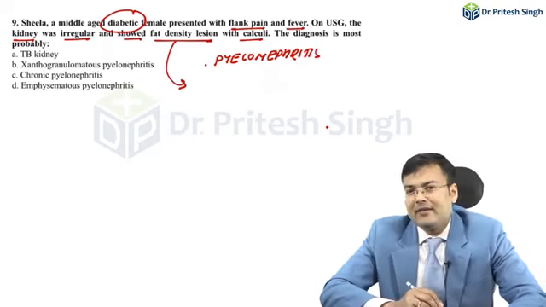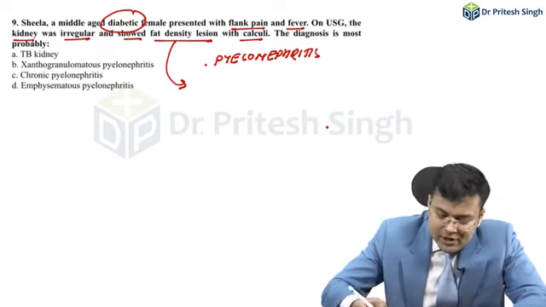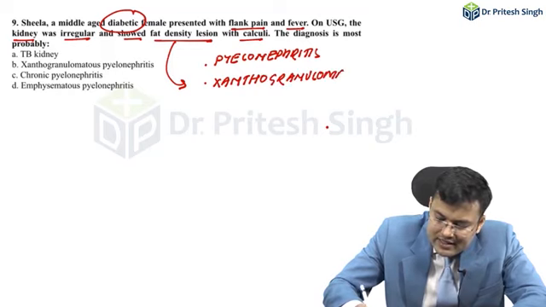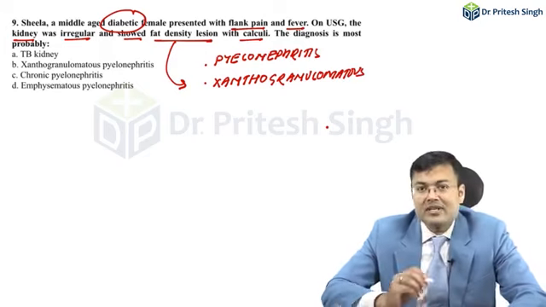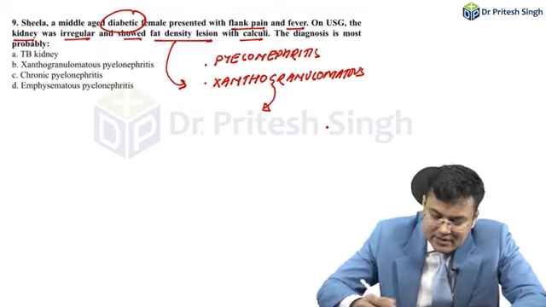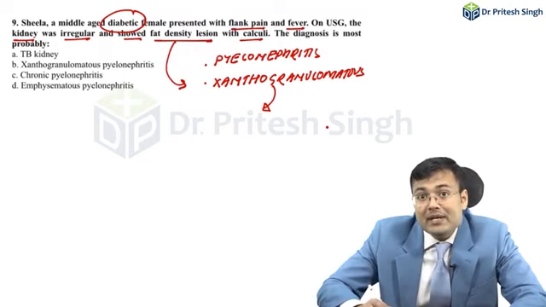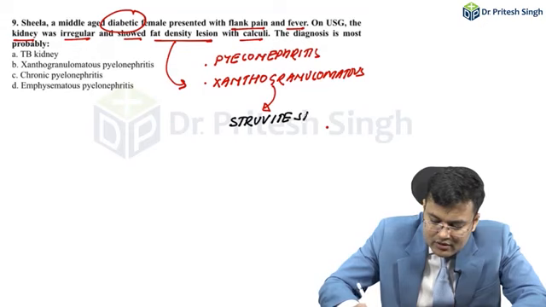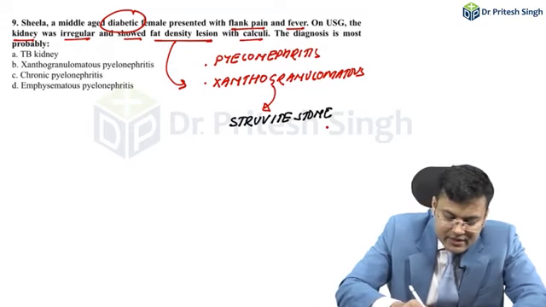There is fat, and because of this, most probably it's xanthogranulomatous, because the hint is there is presence of fat. Second hint, this xanthogranulomatous pyelonephritis is more common in females. Why? Because there is increased risk of one stone. Which stone? Struvite stone.